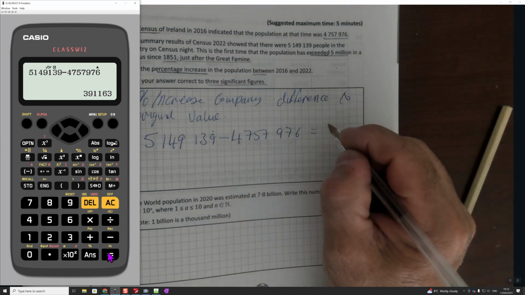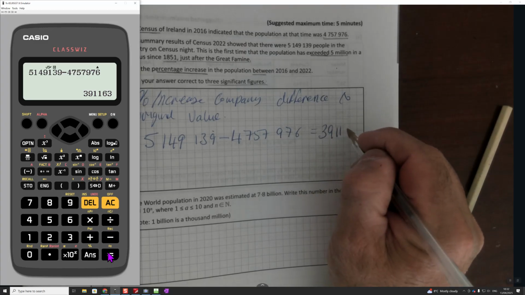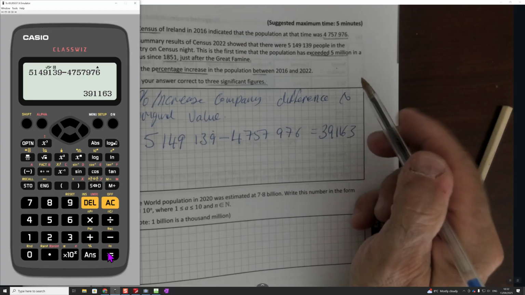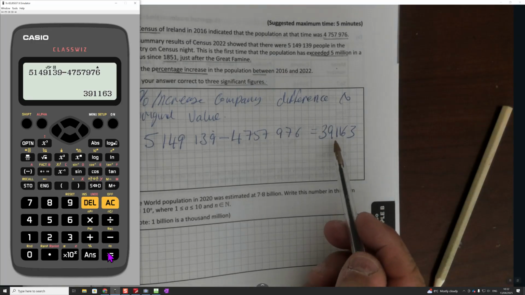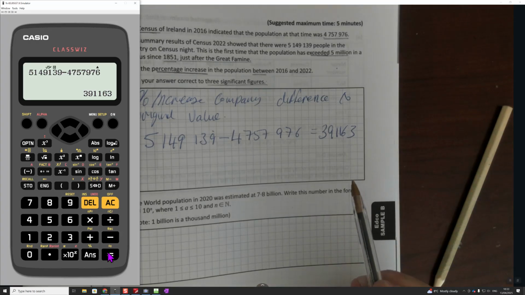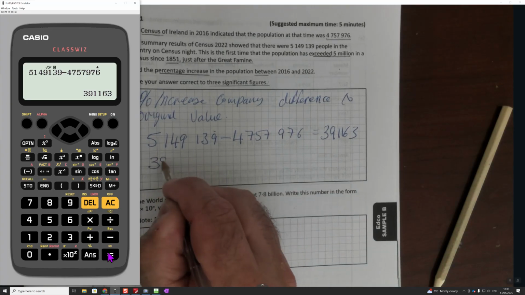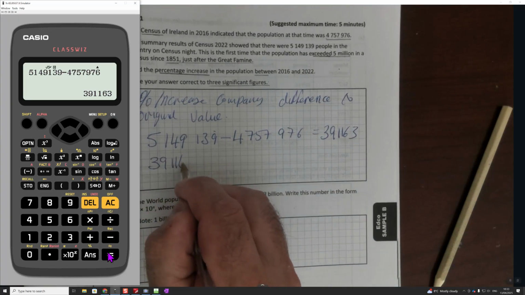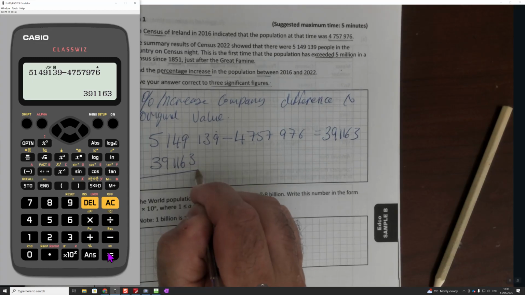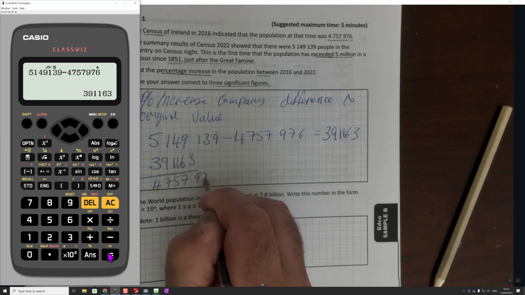The change, or the increase, is 391,163. Now you always, when you're doing percentage change, you compare it to the original value, which is this value here. Okay. So I'm going to go 391,163 divided by 4,757,976.